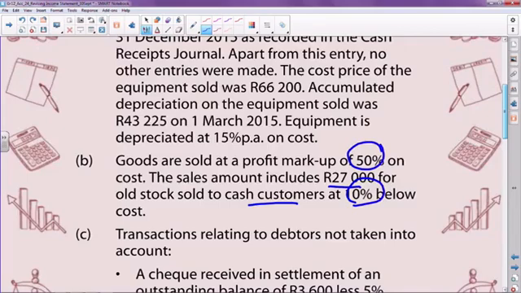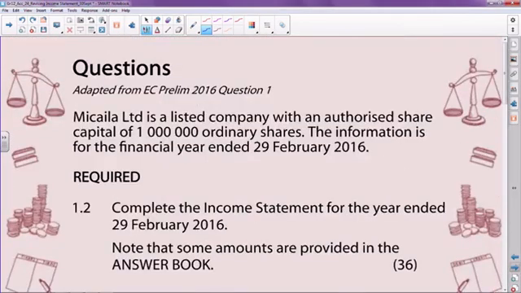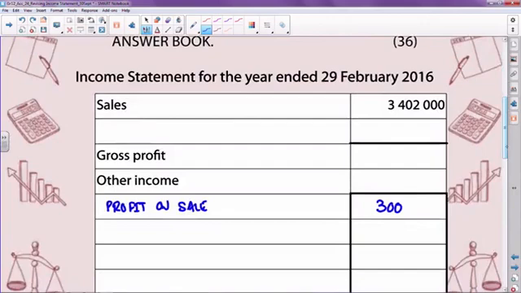Interesting one, isn't it? Let's see if we can figure it out. You've sold certain goods 10% below the cost. So obviously, included in your sales figure of 3,402,000 is the 27,000 Rand. Remove the 27,000 Rand first.